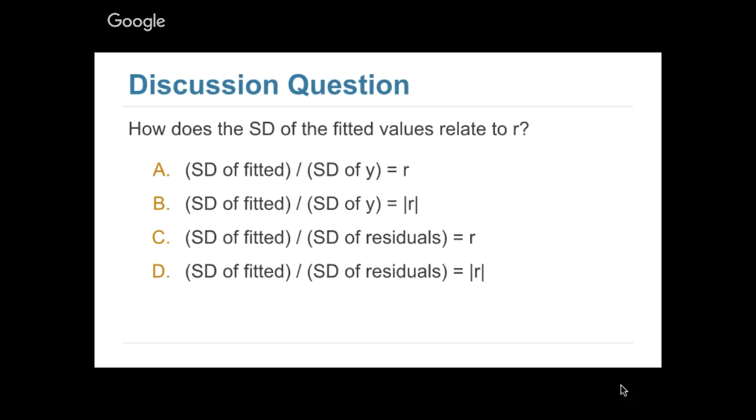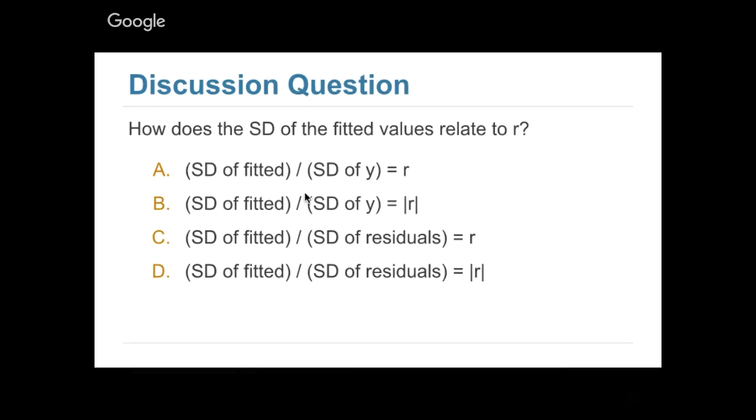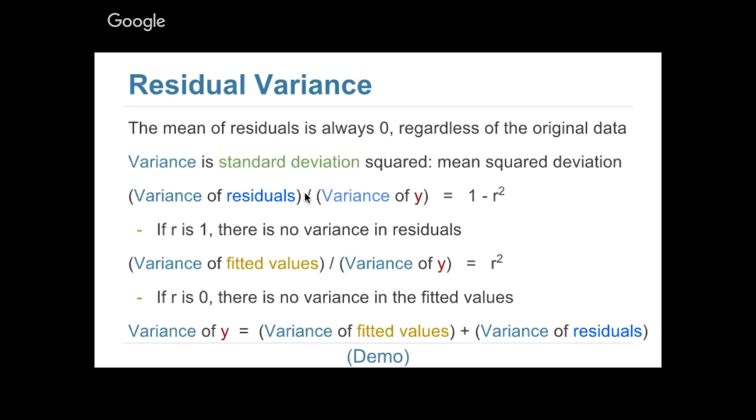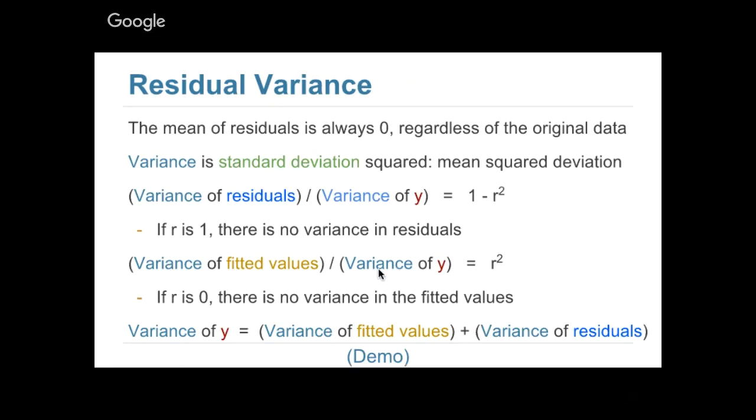Okay, so let's take a look at this. SD of fitted over SD of Y. Looks like most of you thought B, but let's look back at these two equations over here. We have the variance of residuals over the variance of Y, and the variance of fitted values over the variance of Y. If I convert these to standard deviations, I square root both sides because these are variances.